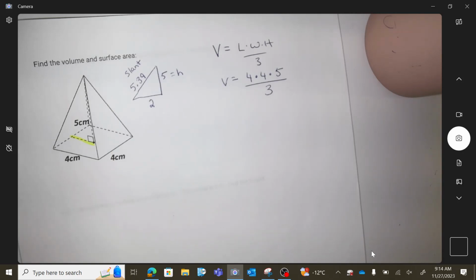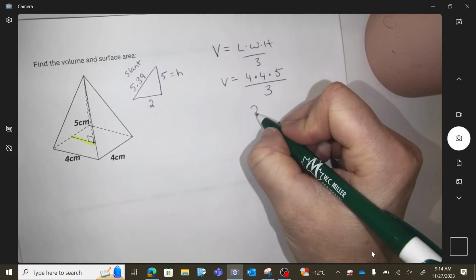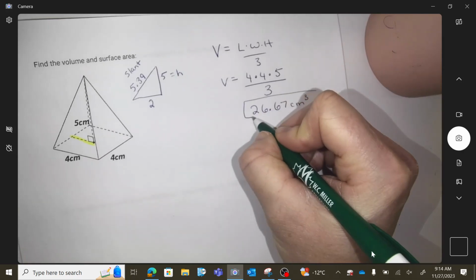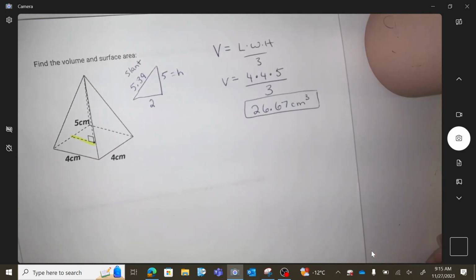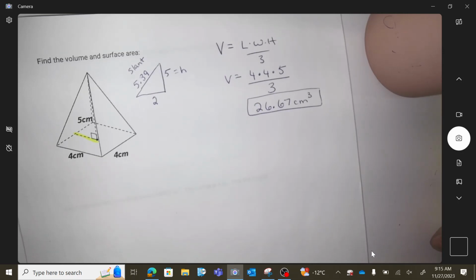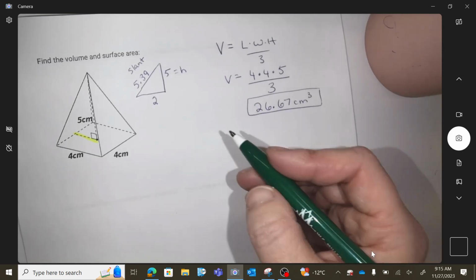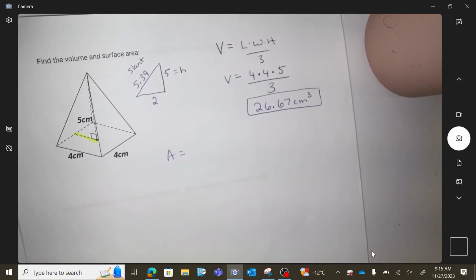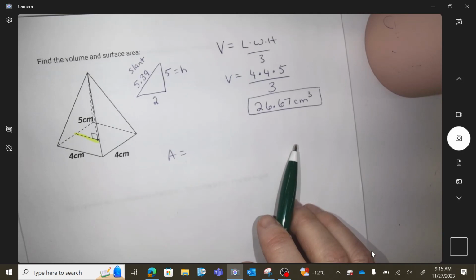Length of the bottom, width of the bottom. Okay, is that number good? 26.67?